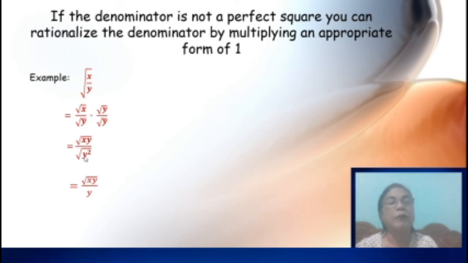And what is square root of y squared? It's y. I explained it a while back. 2 divided by the index, which is 2, is equal to 1. So the simplified form of square root of x over y is equal to square root of xy over y.